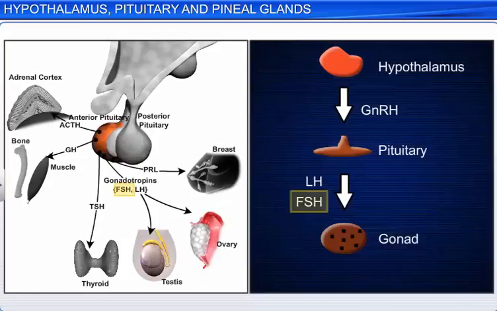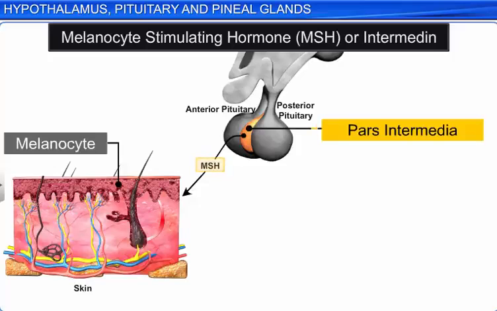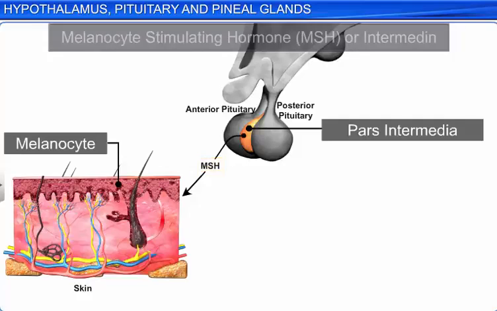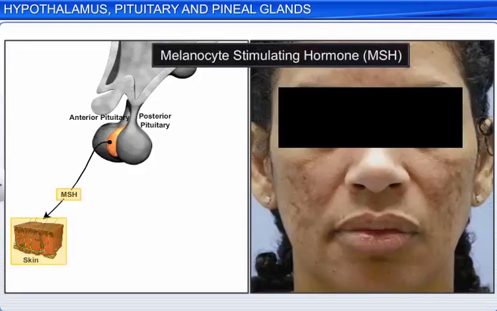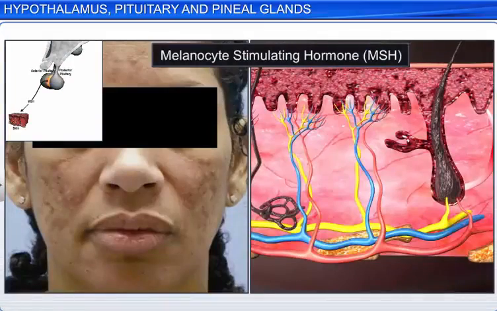Together, FSH and LH are called gonadotrophins because their target organs are the gonads. MSH or intermedin is the only hormone secreted by the pars intermedia. MSH regulates skin pigmentation by stimulating the melanocytes.